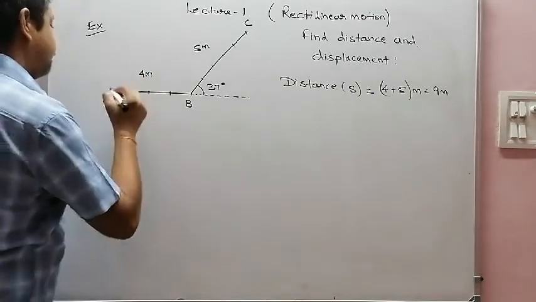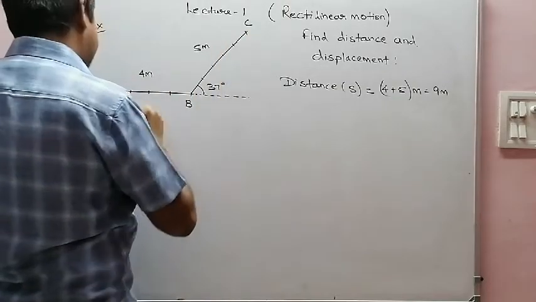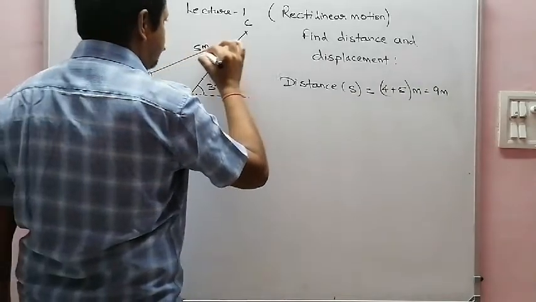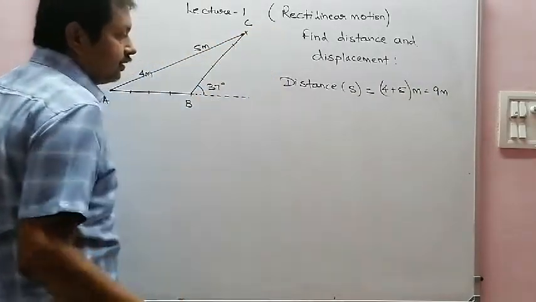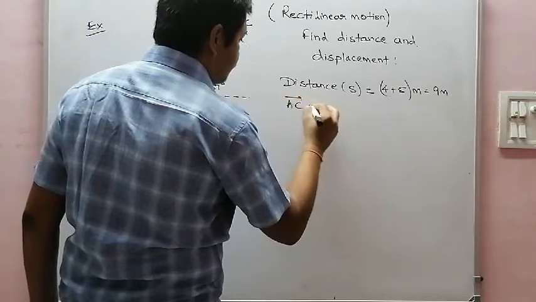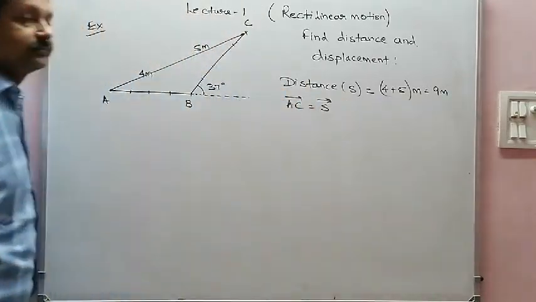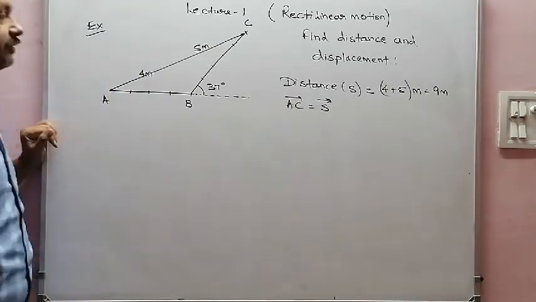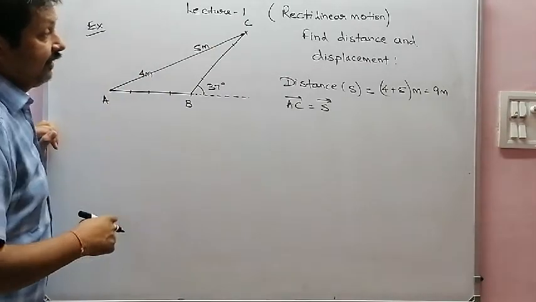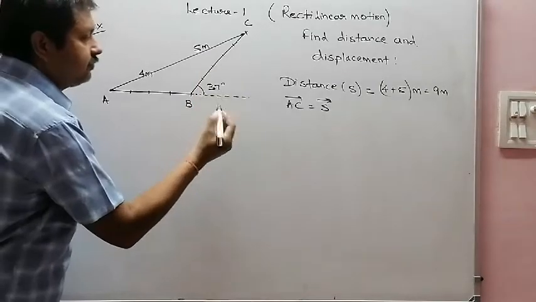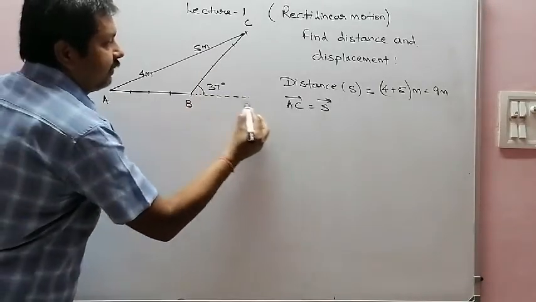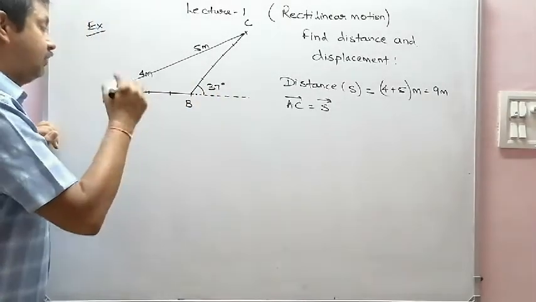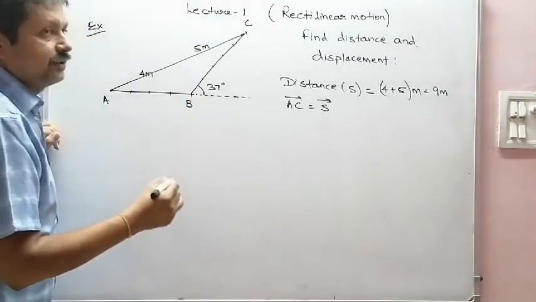For displacement, we join the initial and final position, that is A to C. The AC vector is the displacement vector here. Now how to find AC? We extend the line AB and we draw a perpendicular on the line AB that passes through C.